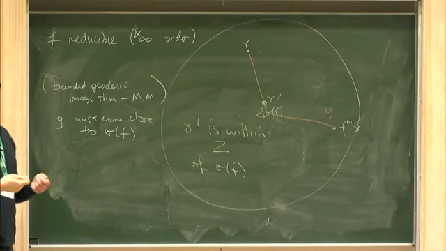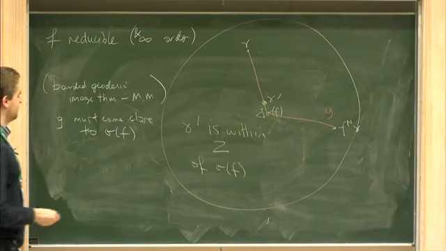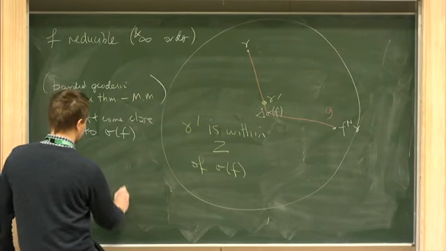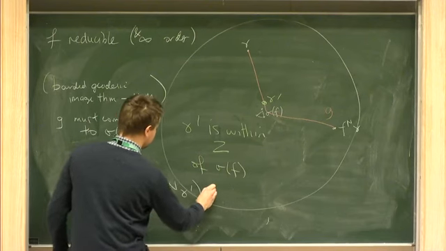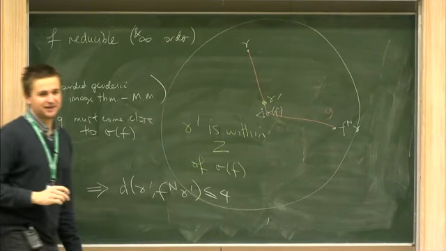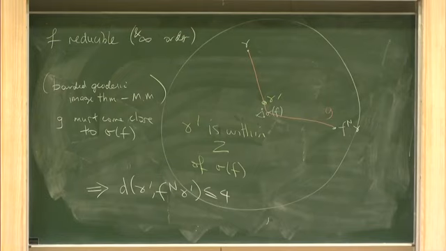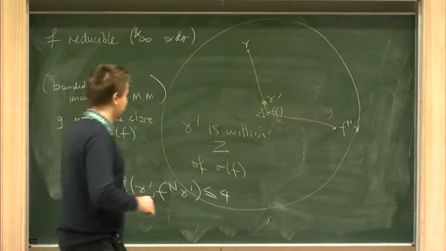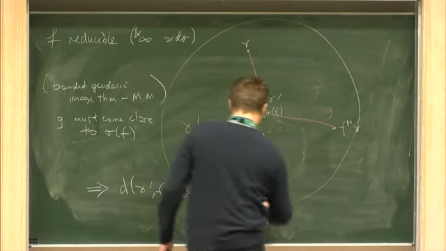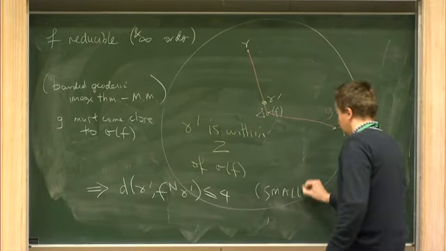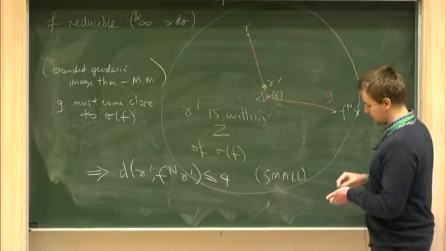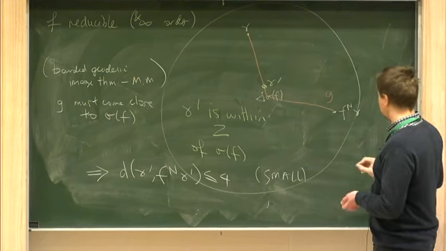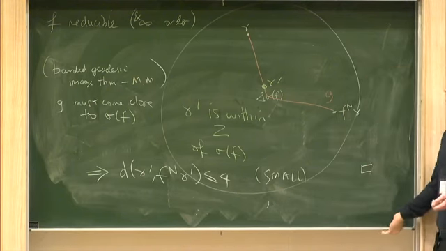So if you cook up this capital N in the correct way, then you can show that the distance between gamma prime and f to the n gamma prime is at most 4, which is small. Okay? So that's the end of how the key theorem implies theorem 1.